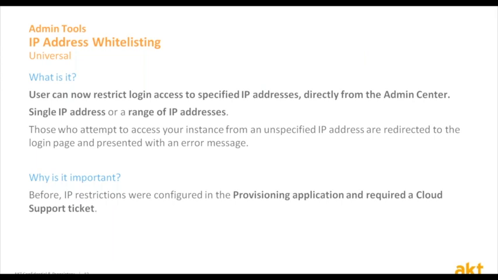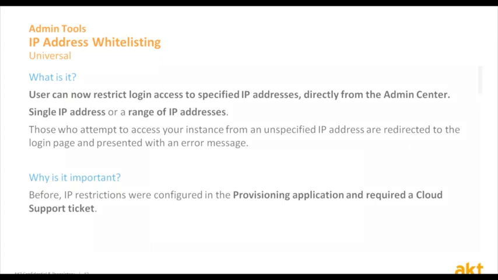Another improvement related to the administration tools is IP address whitelisting. IP address whitelisting is the ability to block or allow people to log in from a certain IP address or from a certain IP address range. Till now, this setup or this setting had to be done through provisioning.